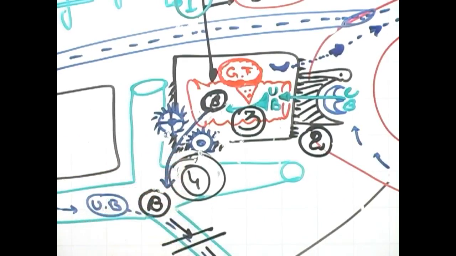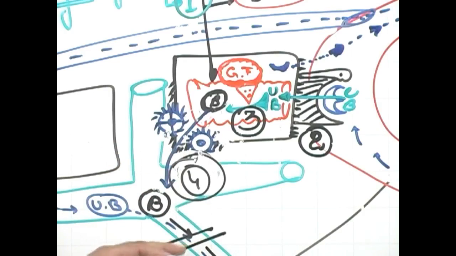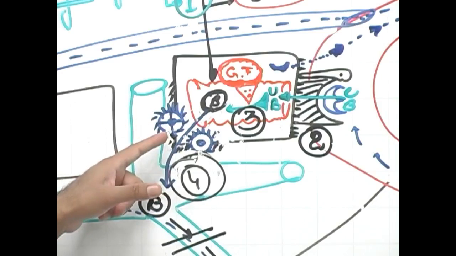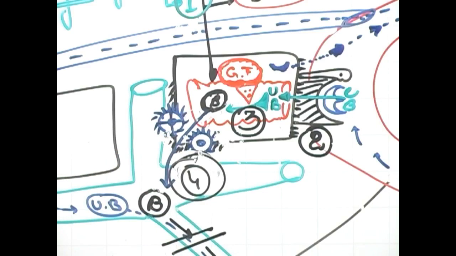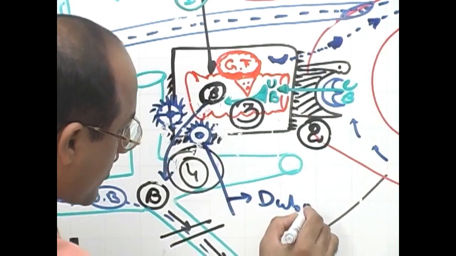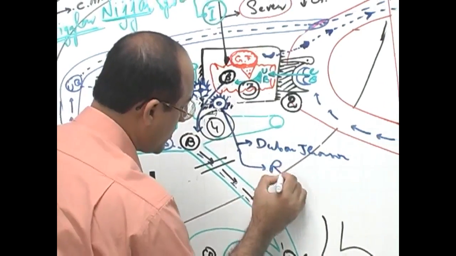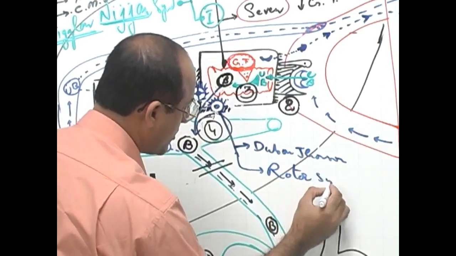Now we are talking about if intrahepatic cholestasis occurs, bile or you can say bilirubin cannot be pushed through, then causes which are inherited and causes which are acquired, right? Inherited causes: one is Dubin-Johnson and the other is Rotor syndrome.